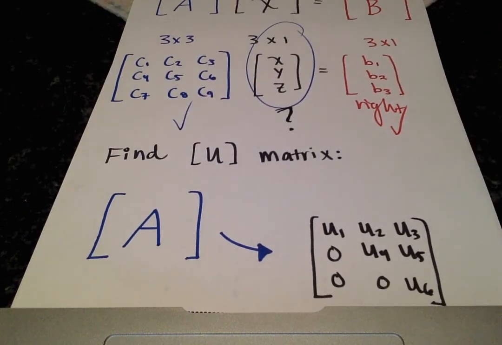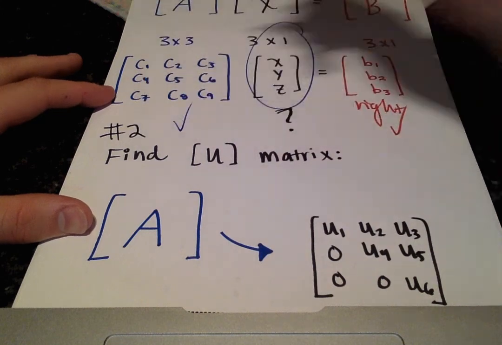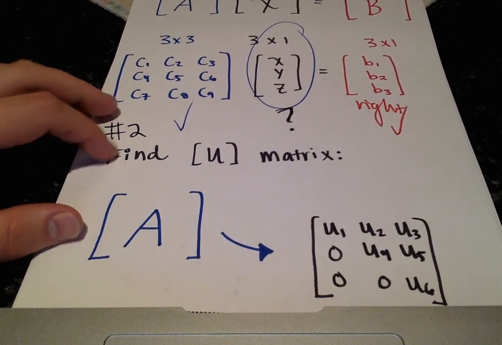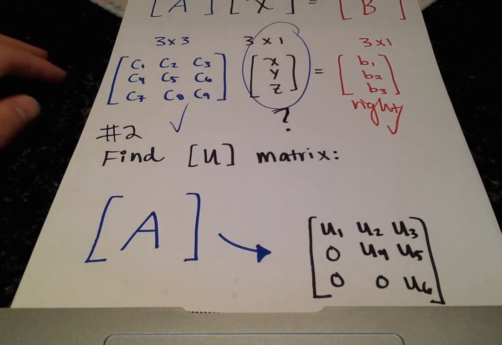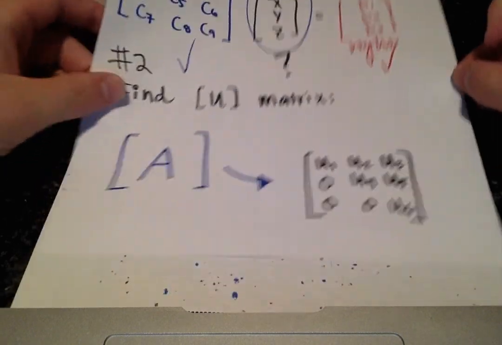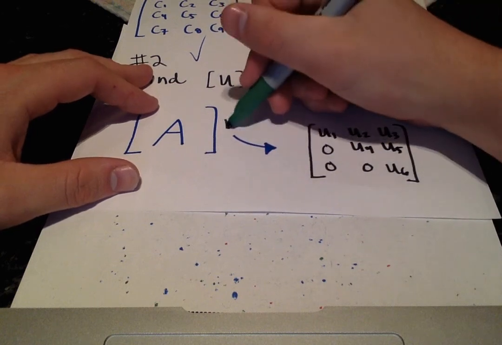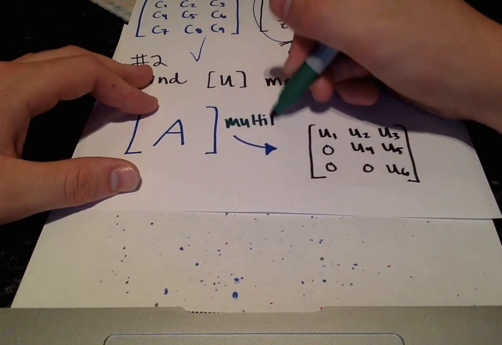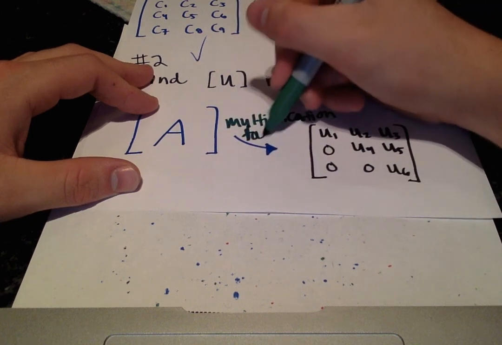Okay, so our next step, number 2, is to find the U matrix, which stands for the upper matrix. The way we're going to do that is we start with our coefficient matrix A, and then we apply these things called multiplication factors.